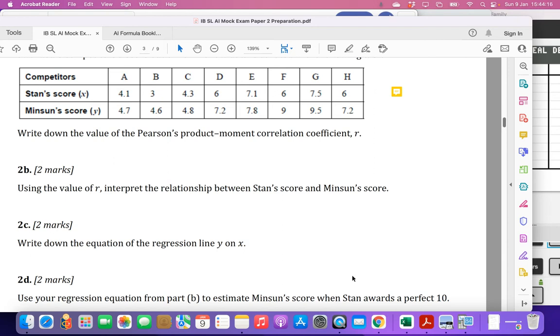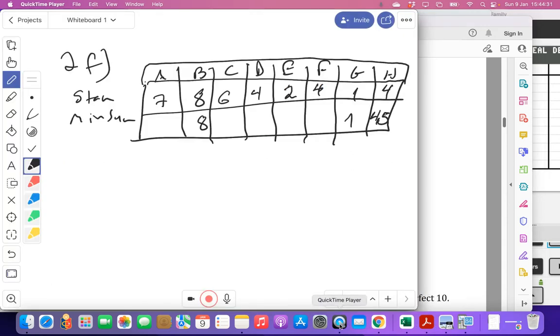It should have been sixth. 4, 4, 4, 3, 4, 5, 6, 7, 8. Okay, so that gives me the ranking scores for Stan.